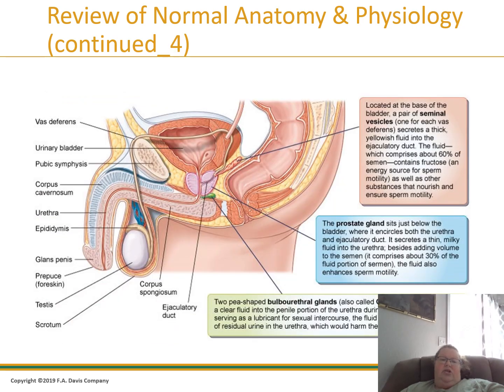All right, and now we have the male genitourinary system. The vas deferens is the tube that takes semen from the testicles to the penis for ejaculation. We have the urinary bladder, the pubic symphysis, which is just the bone above the pubis, and we have the urethra.